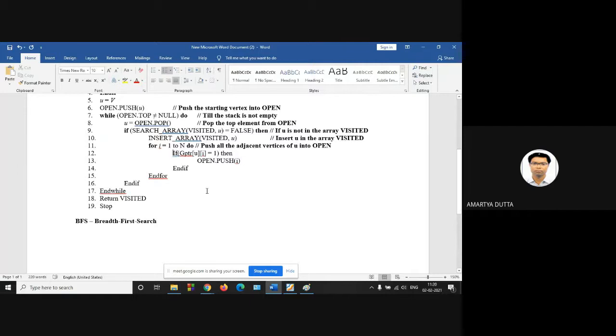So if your GPTR of u and i is 1, that is, there is a connection, that is, i is adjacent to u, then push the vertex i into open. Just copy this line and paste.